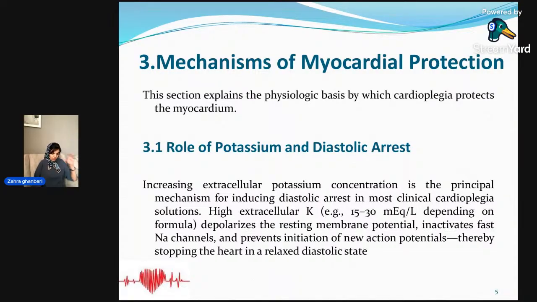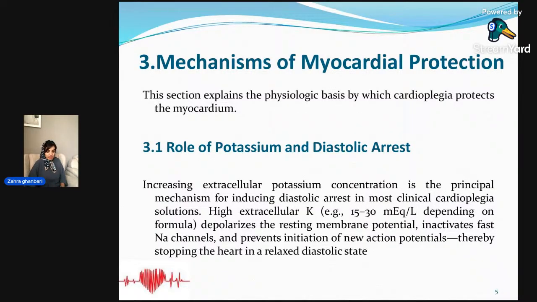When the potassium level rises, cardiac cells depolarize and sodium channels become inactive, and after that no action potentials are generated, and the heart is arrested in diastole. The advantage of diastolic arrest is that the heart remains relaxed and unstressed, minimizing injury.